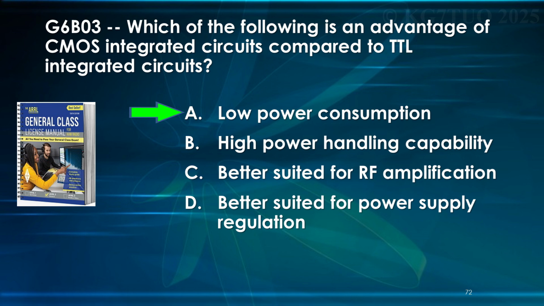Lower power, and that is why we no longer use TTL. Yeah, I thought you would say that. So when you get all these components packed closer and closer together, there's less and less distance to travel. They're faster and there's less heat. And heat is power that's being consumed.